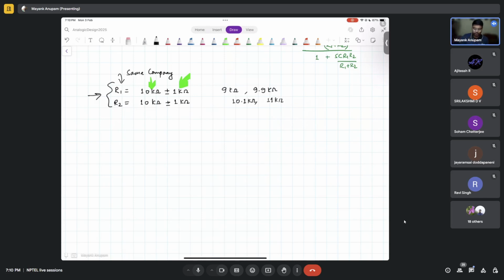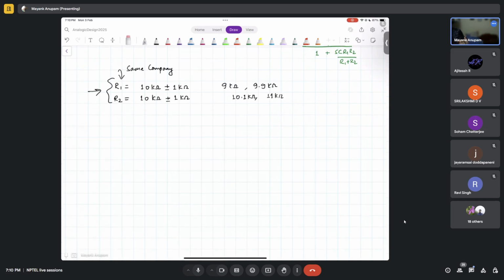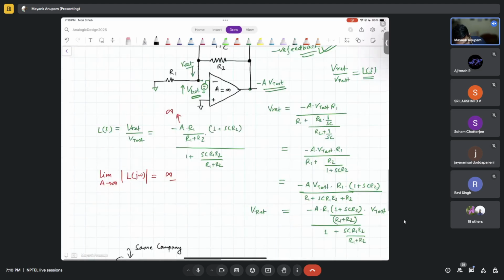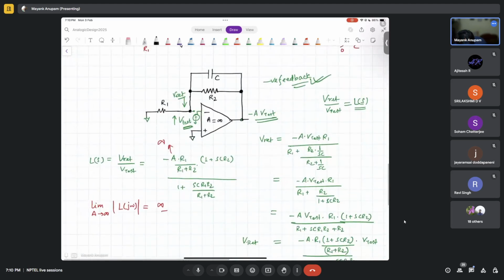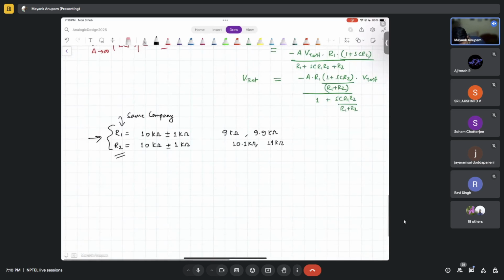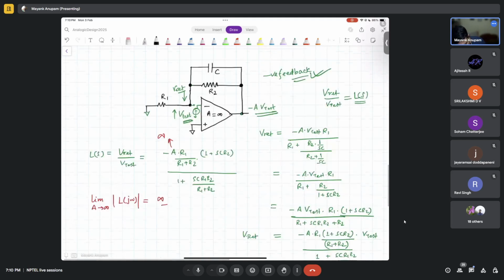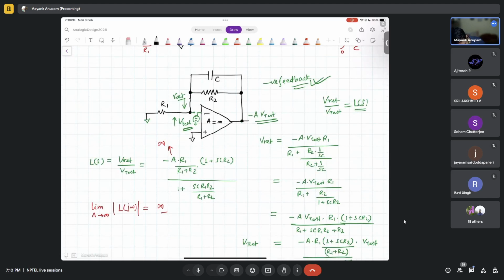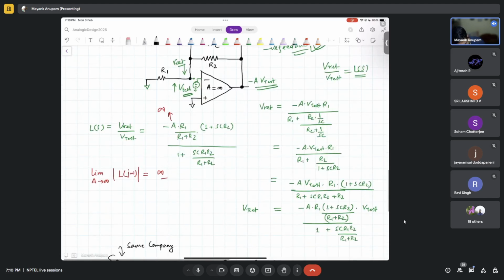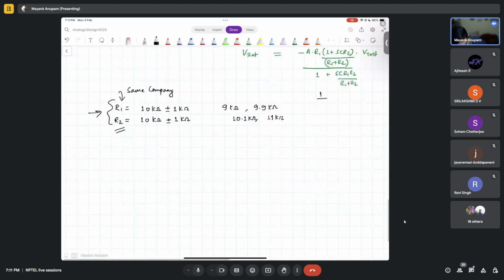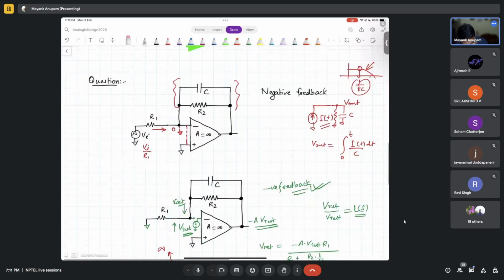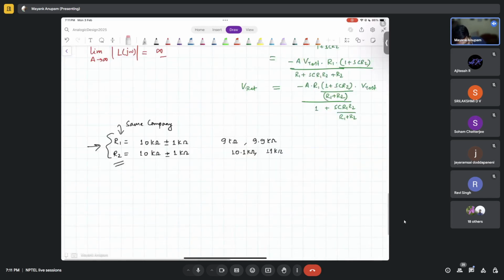Now, when you want to use these two resistors in this particular filter, what is going to happen? You will see that somewhere in this analysis, you'll find out the filter bandwidth. What will be the filter bandwidth in this case? Let's say it's a function of R1 and R2 both.